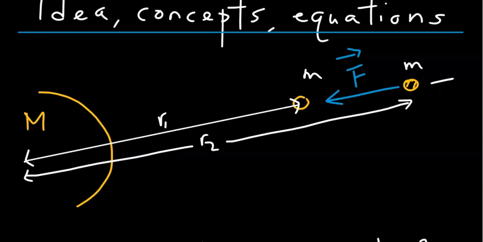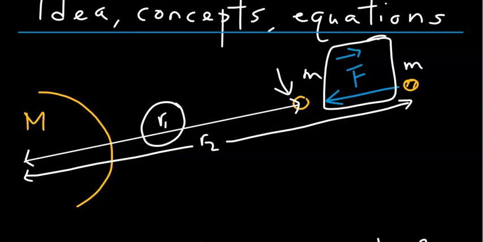Let's say you have a point mass m initially at a distance r2 from the center of, let's say, Earth, and under the influence of that attractive gravitational force F due to Earth, the point mass moves to a new position here, which is located at a distance r1 from the center of the Earth.